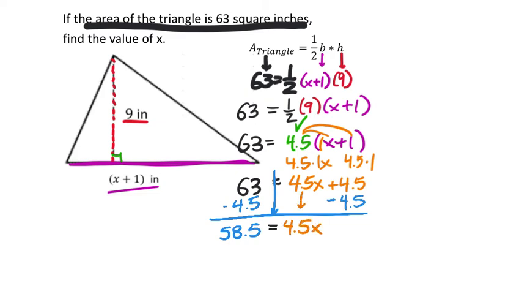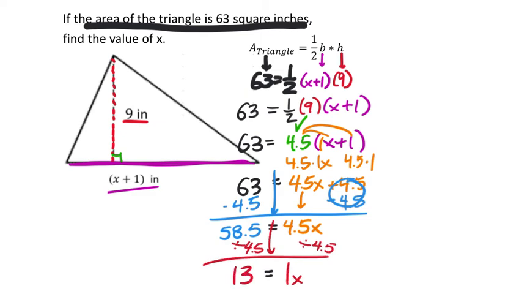And the 4.5 constant zeroed out as planned. Last thing we got here is to force the coefficient of x to become a 1x. And we'll do that by dividing both sides by the coefficient of 4.5. So in the calculator, 58.5 divided by 4.5, enter, I get 13.